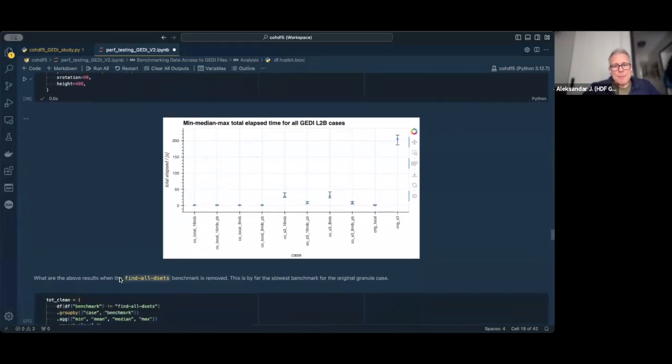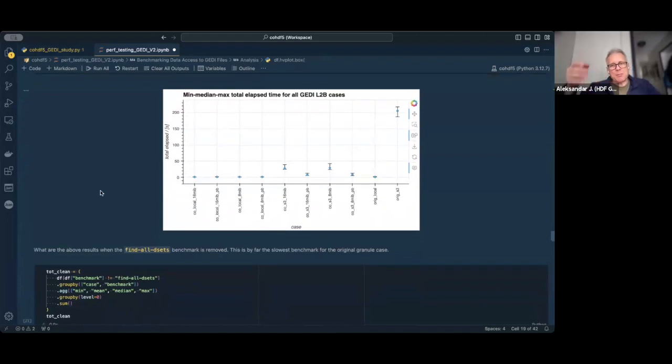So here is the big important result, which means after all these runs, after all these benchmarks, and for all the cases of these files, how much time did it take? And this is the plot. As you can see, the original file in S3 took the longest time.